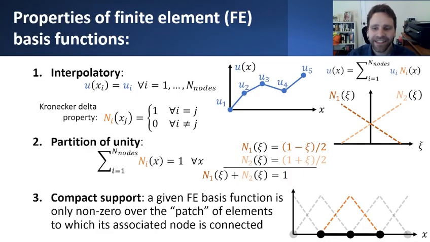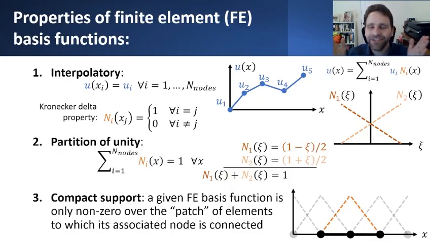All right, the last thing that's nice about these basis functions is they have something called compact support, which is, as I observed previously, that if you looked at any one of these different basis functions for a particular node, then you ensure that the corresponding basis function associated with that node will only have non-zero value over the patch of elements to which that particular node is connected.